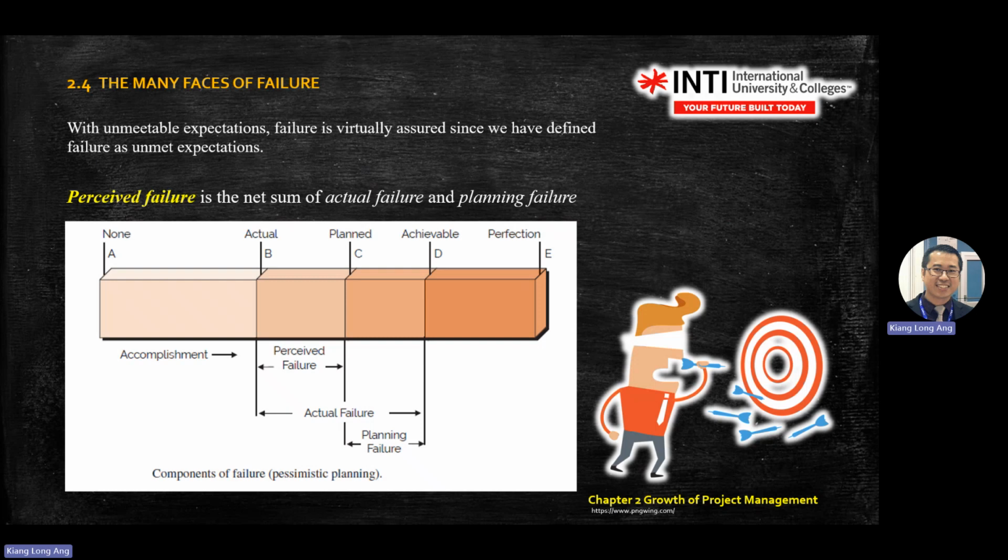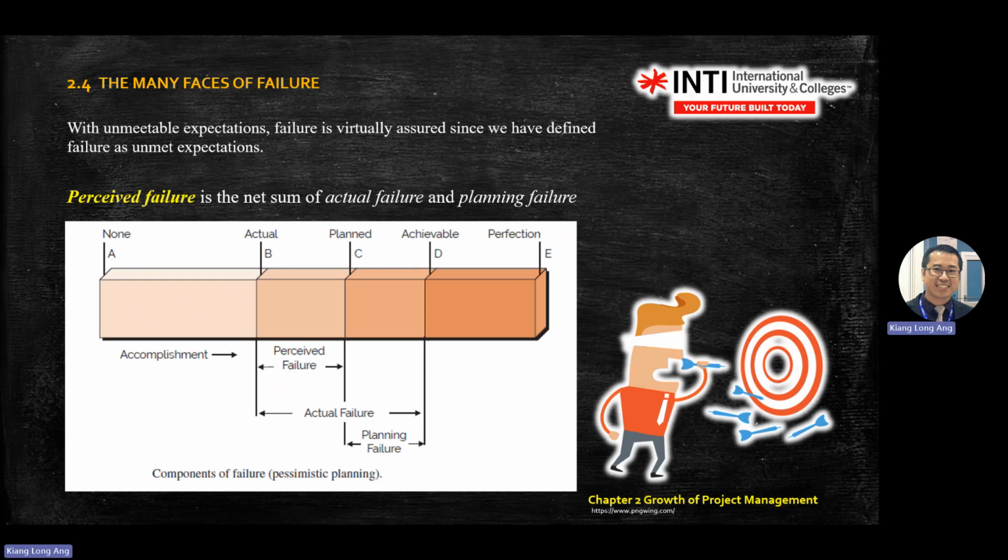So you have 4 points, A, B, C, D, E, or you can see it as a grade, A, B, C, D, E. Of course, the greatest one is E. And then you focus on the range that we are focusing on. So your actual and plan, this is your perceived failure. And then this is the actual failure. So your actual is here, but your achievable is here.